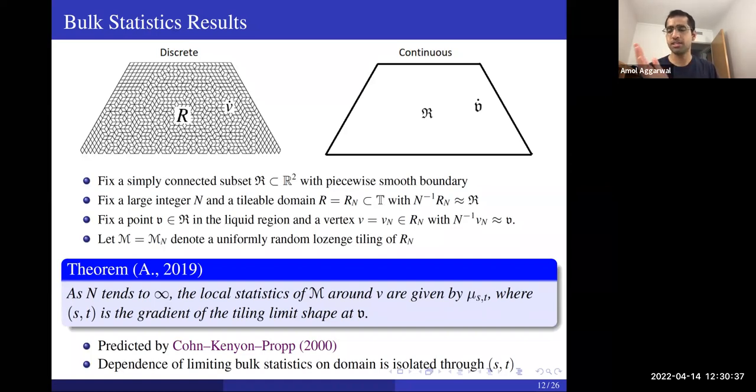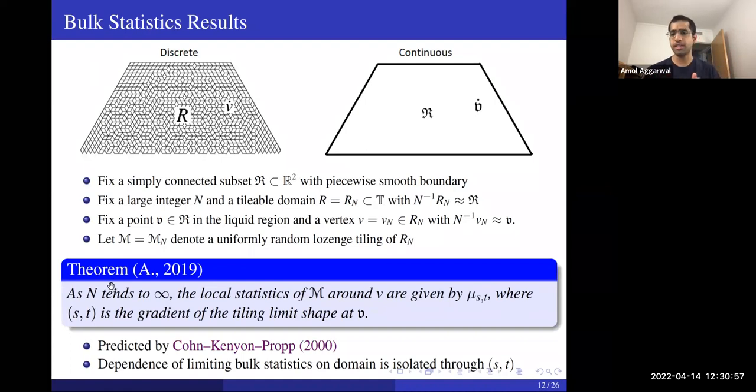I can take the gradient of the limit shape of the limiting surface, and that's going to be my st. And then the theorem is that indeed the local statistics converge to this μst.